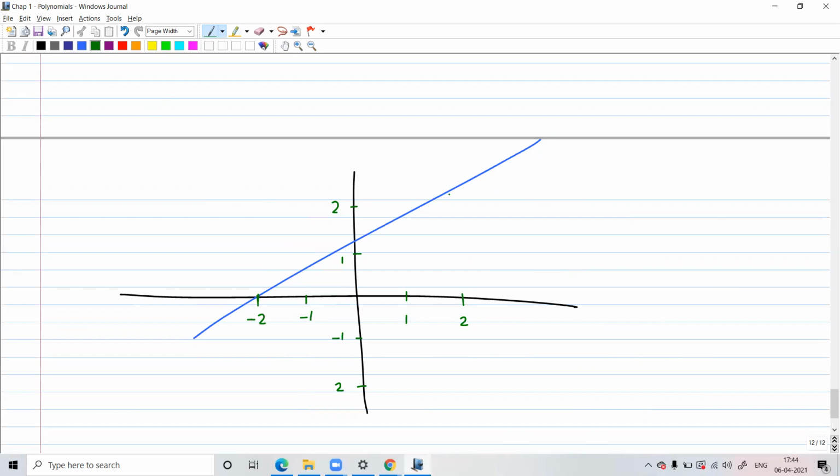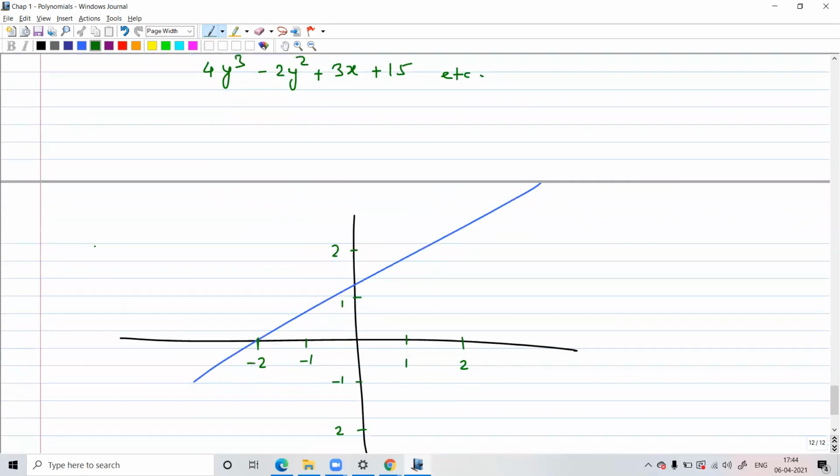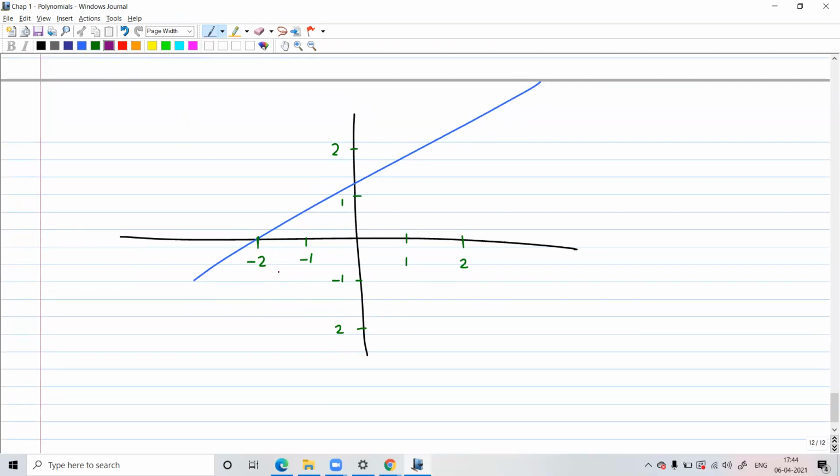Still, you should be able to tell me what is the zero of this polynomial. Yes, very good. -2 is the zero of this polynomial. Why? Because the coordinate of this point is -2, 0. So the value of x is -2 and y becomes 0 at this value.